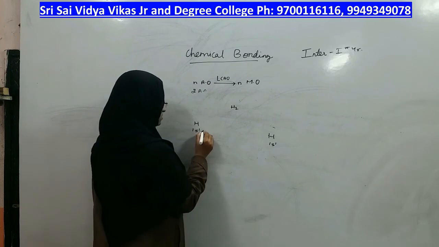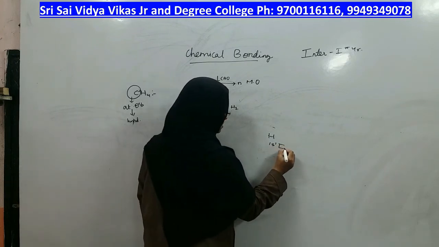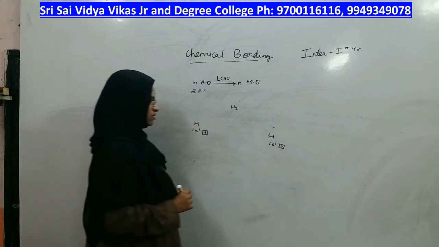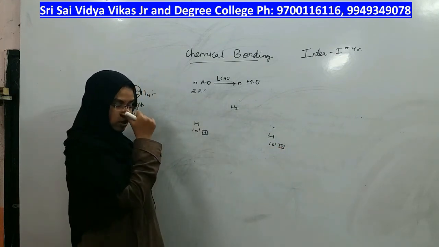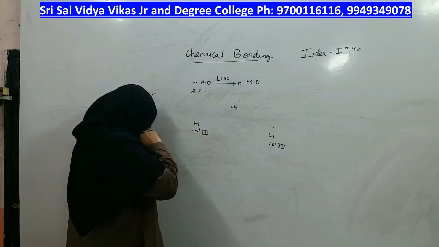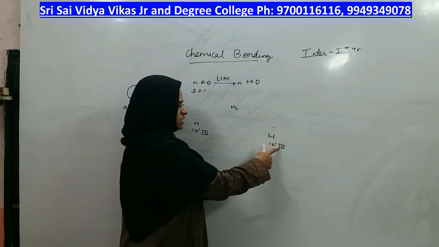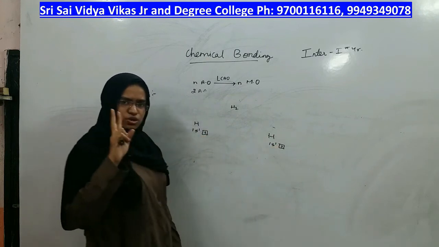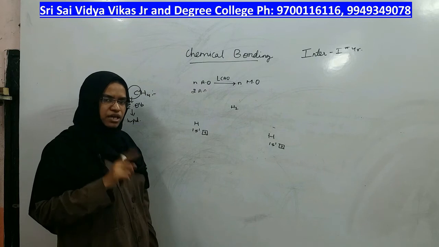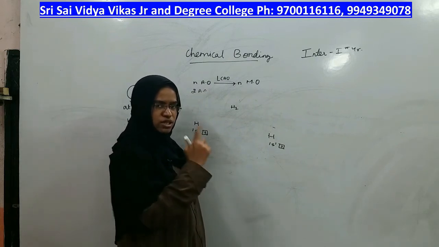Each has one electron. Total how many atomic orbitals are there? Here there is one atomic orbital and here there is another. Total 2 atomic orbitals are combining in the hydrogen molecule, so you get 2 molecular orbitals.